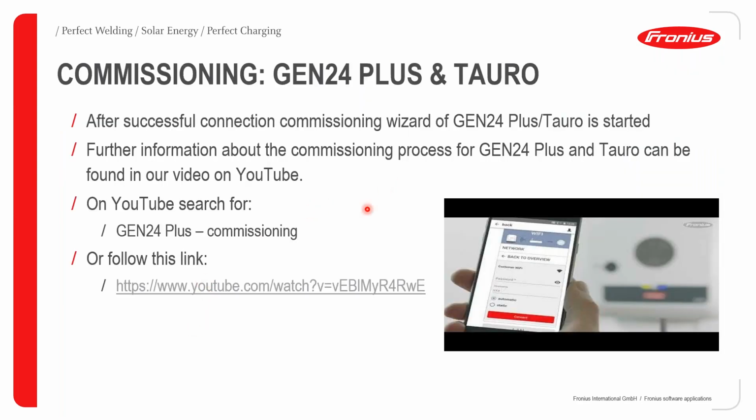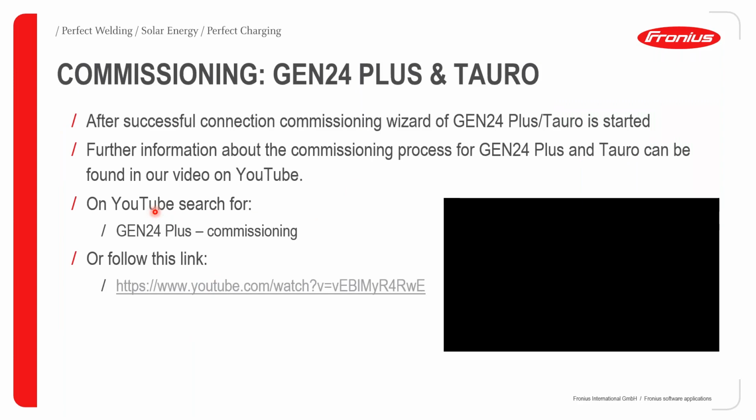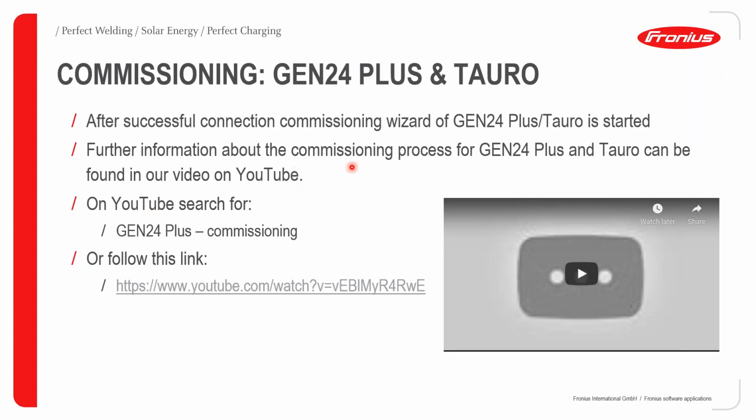So as a summary, after connection, as far as the Gen 24 Plus and the Tauro are concerned, the web interface of the two inverters is going to be activated automatically.